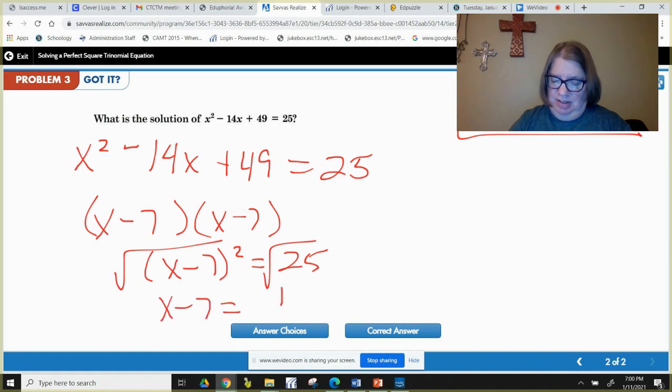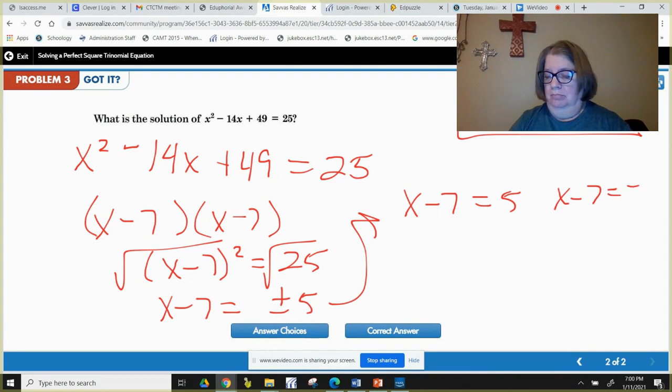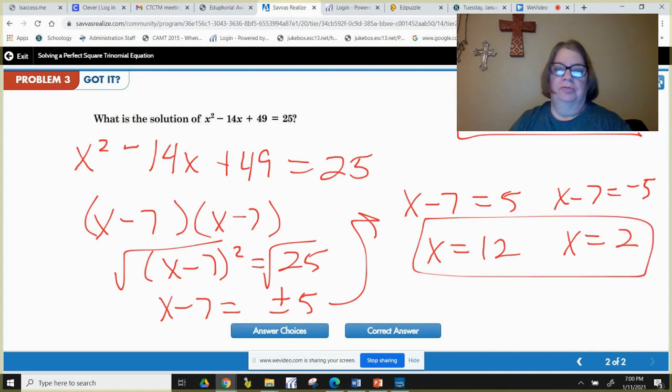And we get x minus 7 equals plus or minus 5. Split it up. Add the 7. Add the 7. 2 solutions. Not too bad, huh?